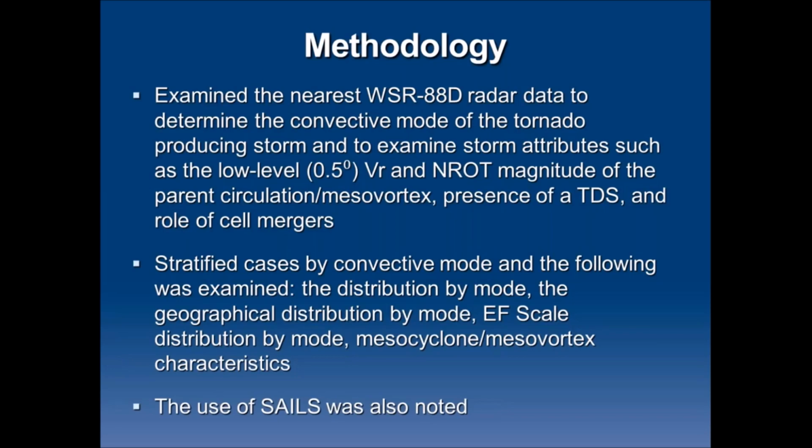We're going to look at whether there was a TDS present and the role of potentially any cell mergers on tornado genesis. All the cases are going to be stratified by convective mode. We're going to look at the distribution of that mode, the geographical distribution, EF scale, and the mesocyclone and mesovortex characteristics. And then finally, we're going to look at whether or not SAILS was being used during the cases.